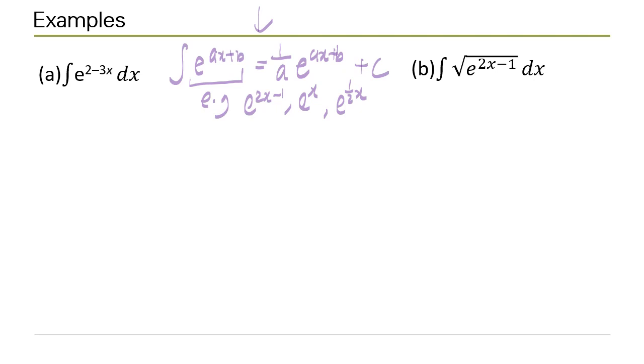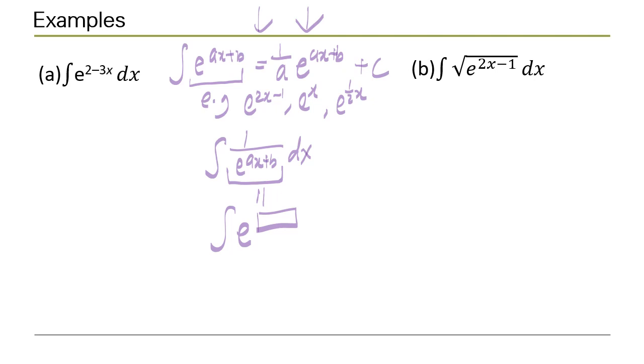If what you're given is 1 over e to the power of ax plus b, then you can't apply the formula directly. You will have to do some manipulation and convert this to e to the power of something. It must always be e first and then to the power of something before we can apply this rule. This is something you must remember well.